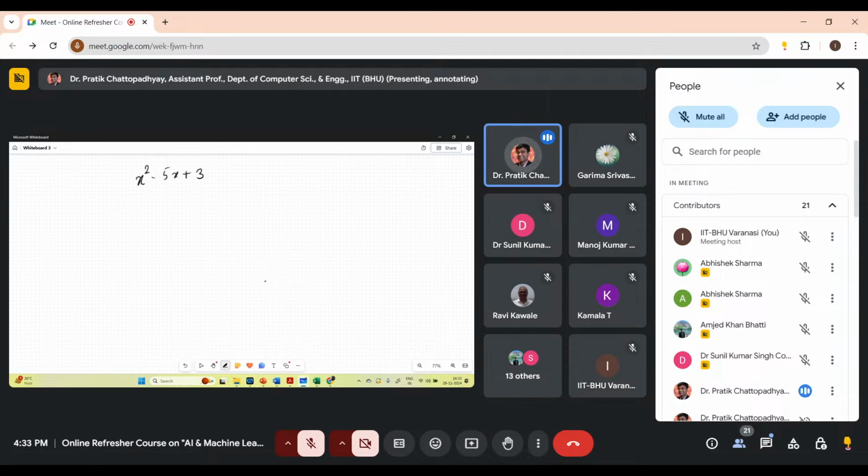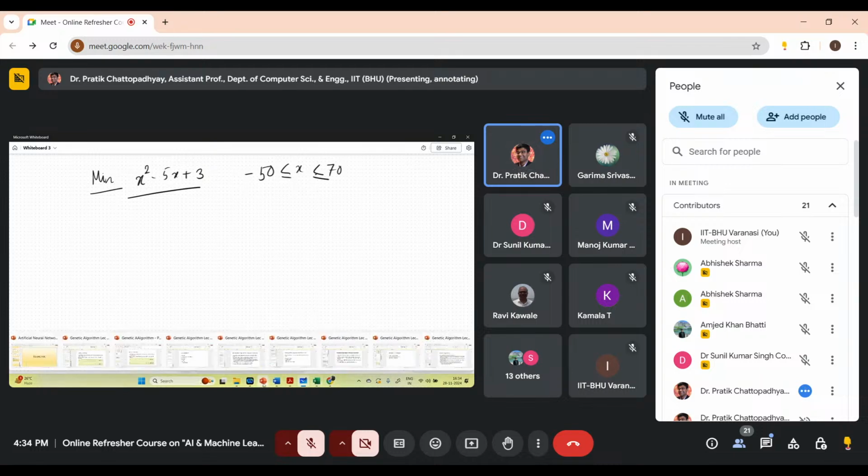We want to find the minimum value of this function in the range minus 50 to plus 70. This problem is given to us: minimize this in this range. It is a very simple problem. In real life we should not apply genetic algorithm to solve this, but just for explanation I am taking a very simple problem.